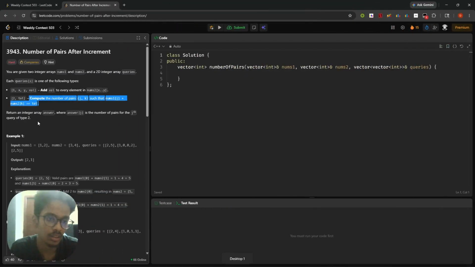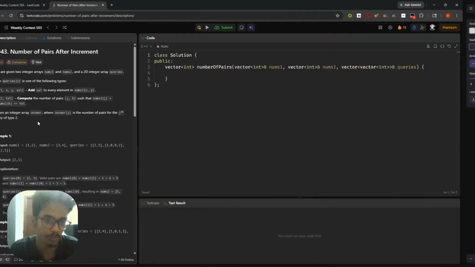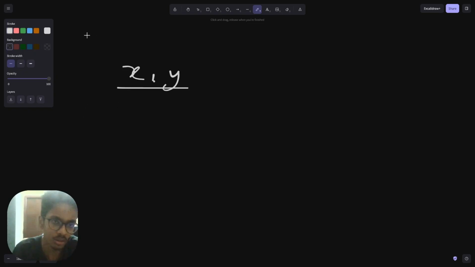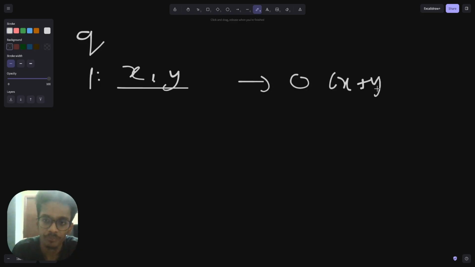Let us understand what exactly square root decomposition is and how it would help. One thing is clear, the brute force for this would be taking the query x y. Iterating over queries would take q time. If it's the first type of query, adding something from x to y would take O of x plus y.